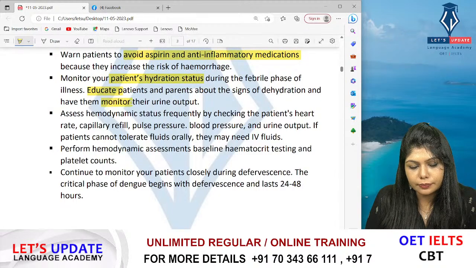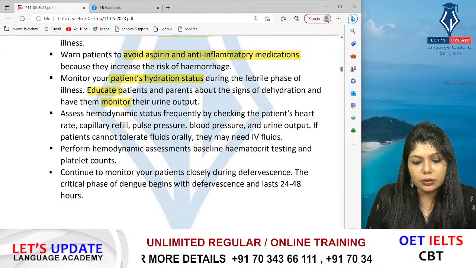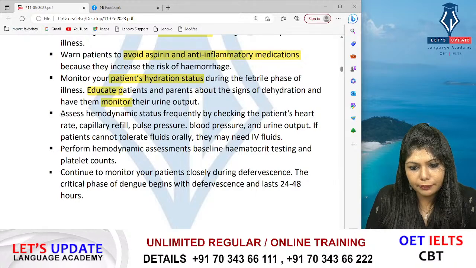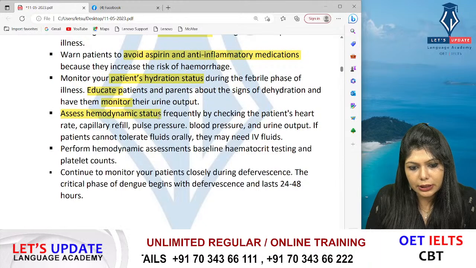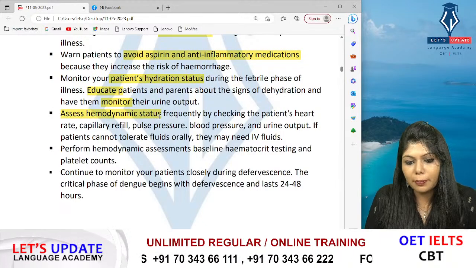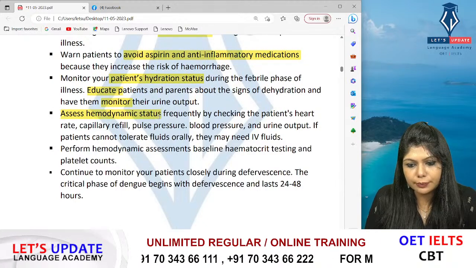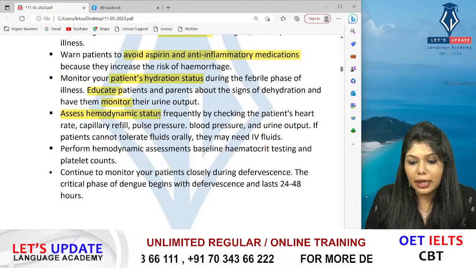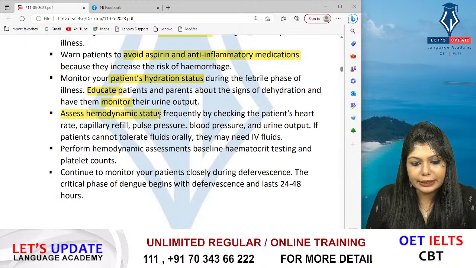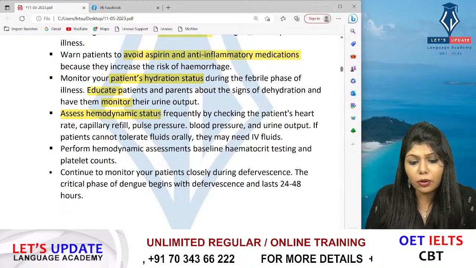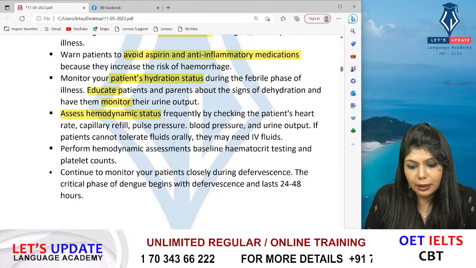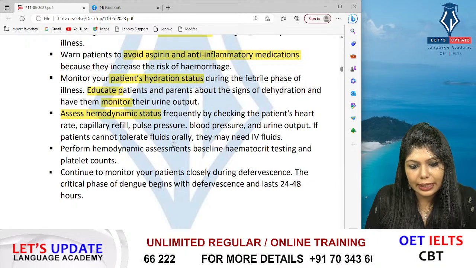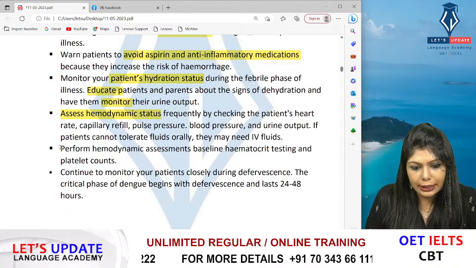Okay, so now the next point, assess hemodynamic status frequently, checking the patient's heart rate, capillary refill, pulse pressure, blood pressure, and urine output. If patients cannot tolerate fluids orally, they may need IV fluids. And then the next point is perform hemodynamic assessments, baseline hematocrit testing, and platelet counts.